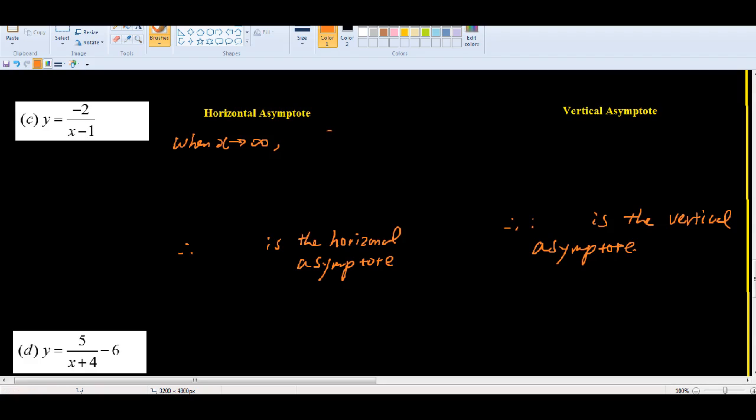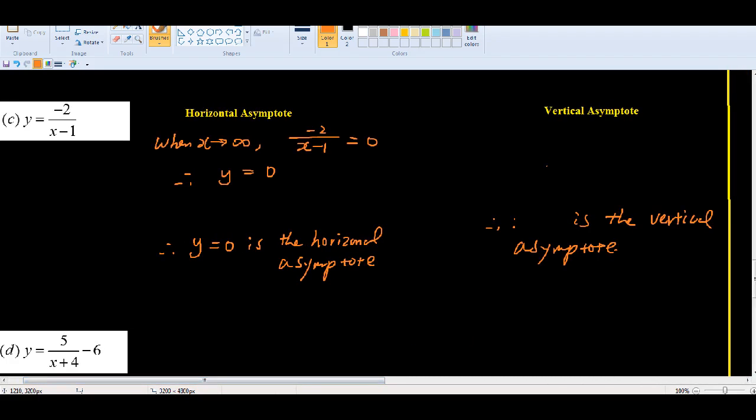Of course, y becomes 0 this time, because of minus 2 divided by a very big number, minus 1. So that must be 0. So y equals 0. Therefore, y equals 0 is the horizontal asymptote.